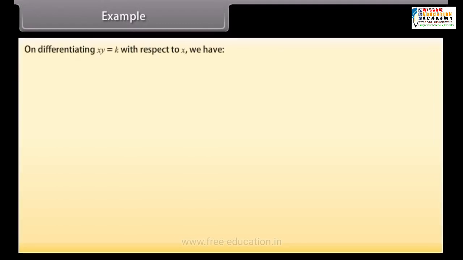On differentiating xy = k with respect to x, we have x dy/dx + y = 0. It implies that dy/dx = -y/x.